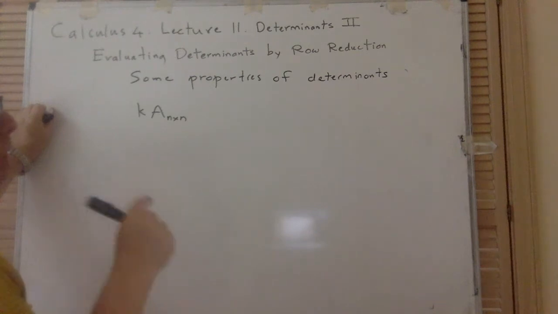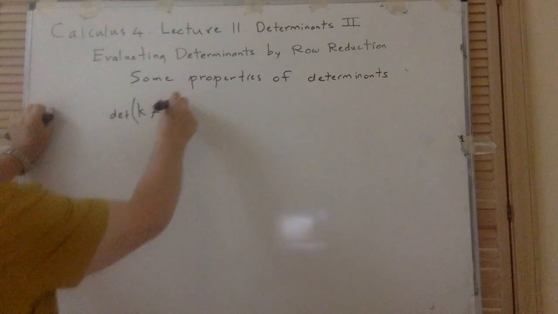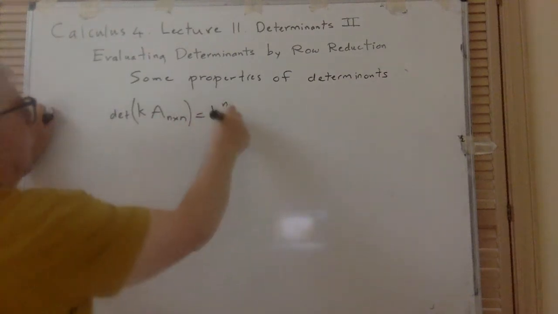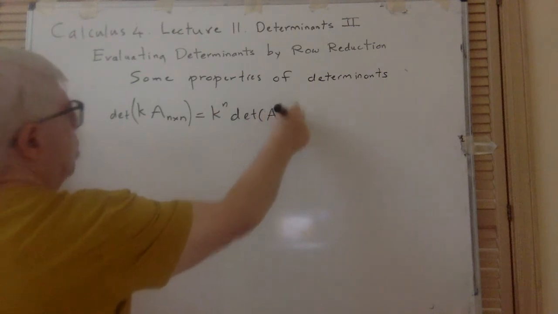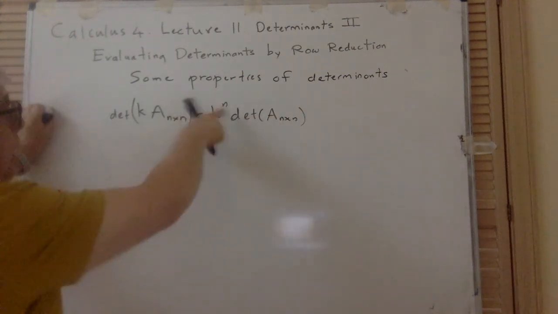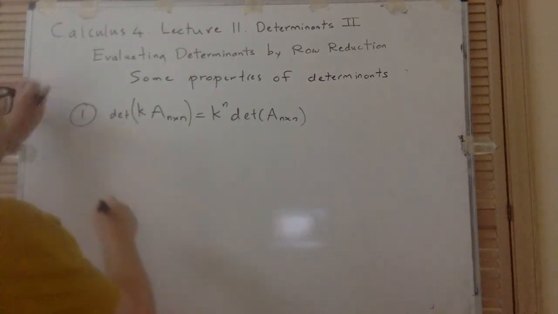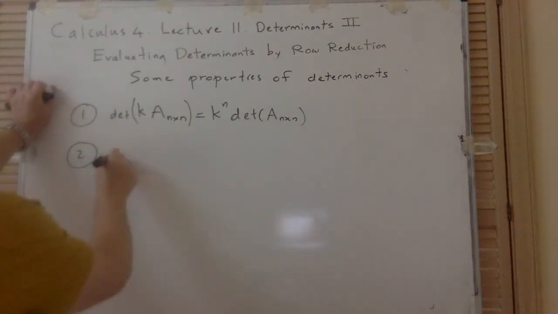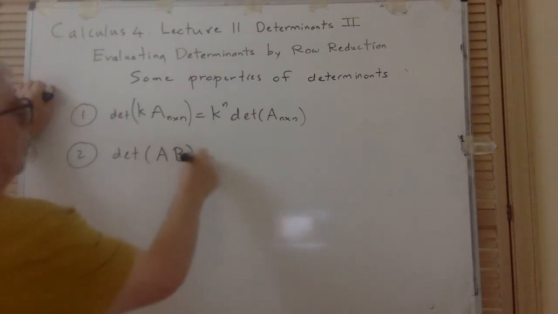Now I have n rows multiplied by k. So the determinant of this thing is k to the power n times the determinant of A. And I wrote n by n, so we know that this n is the same. So that's number 1.